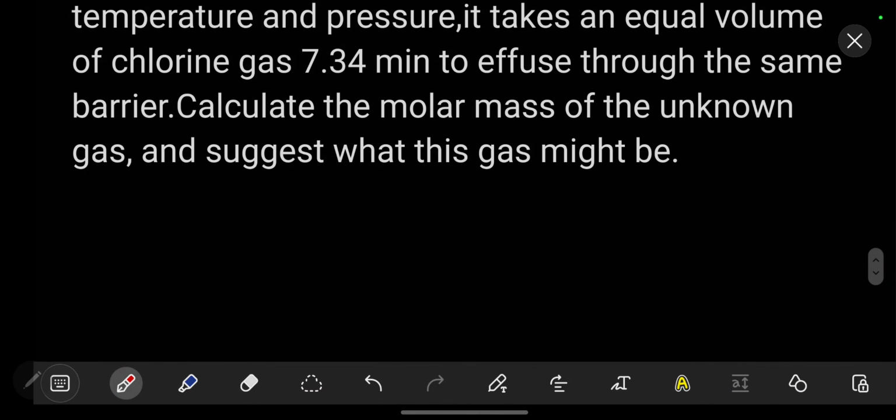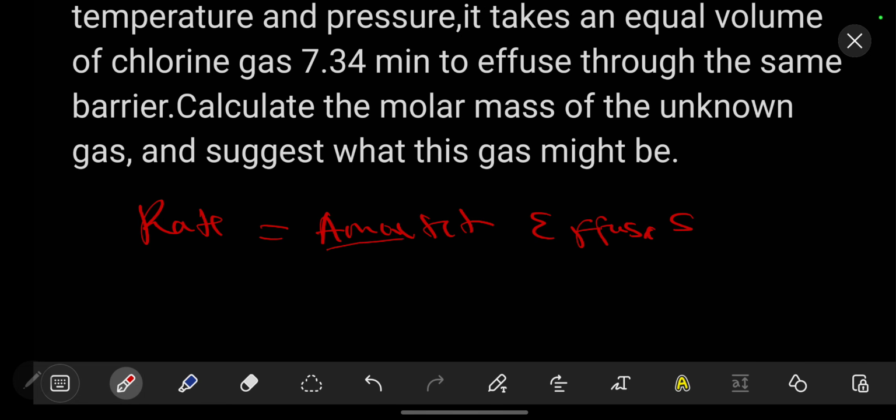So now, from chemistry, we know that the rate of chemical reaction is equal to the amount of substance that is used up, but in this case, it's the amount of substance that effuses over the time taken. So from this, you may establish that the rate will share an inverse relationship with the time.